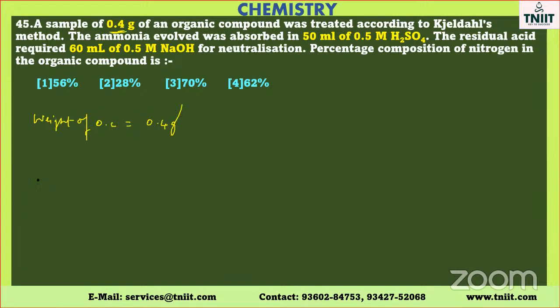So for sulfuric acid, the normality is molarity into n, because it's a dibasic acid. So 0.5 into 2, it is 1.